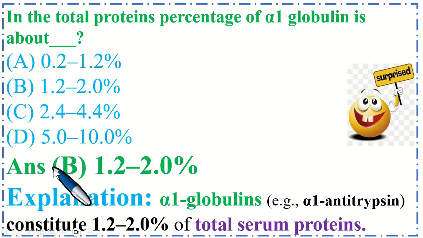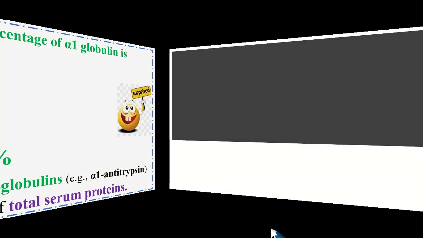So the correct option is B, 1.2 to 2.0%. Explanation is alpha 1 globulin, for example alpha 1 antitrypsin, constitutes 1.2 to 2.0% of total serum proteins.